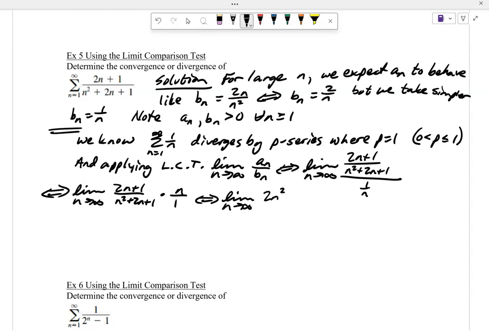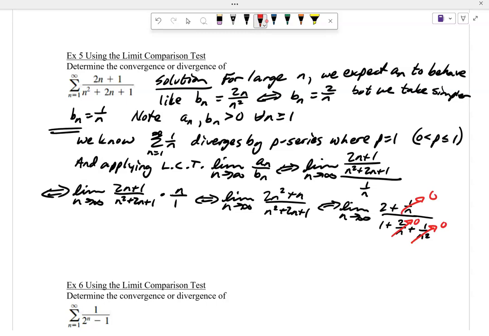So we get 2n squared plus n, all over n squared plus 2n plus 1. I divide each term by n squared. I'll have 2 plus n over n squared, or 1 over n, over 1 plus 2 over n plus 1 over n squared. So that'll go to 0, 0, 0. So I'm just left with 2 over 1.